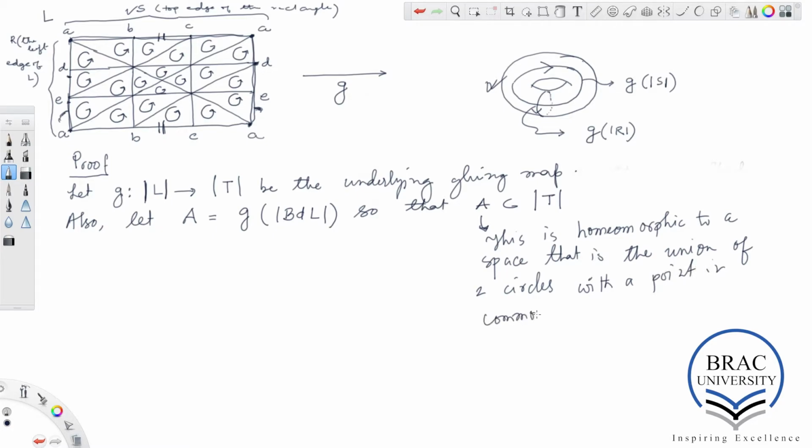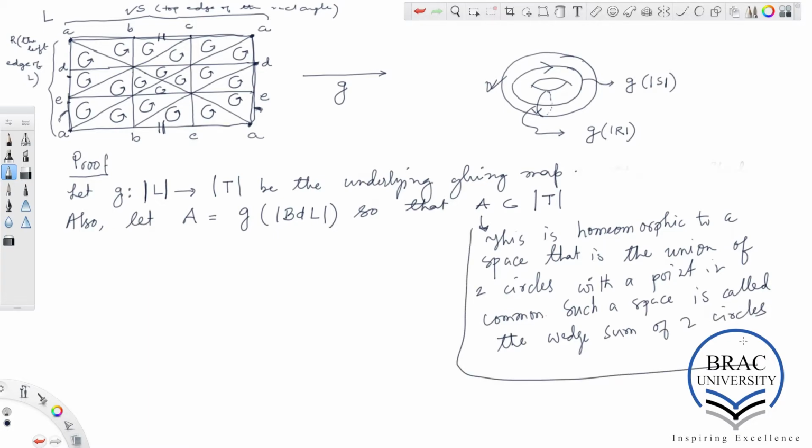Such a space is called the wedge sum of two circles. So we see that this space A, the subspace of the torus mod T, the underlying space of the complex T, is homeomorphic to the wedge sum of two circles.